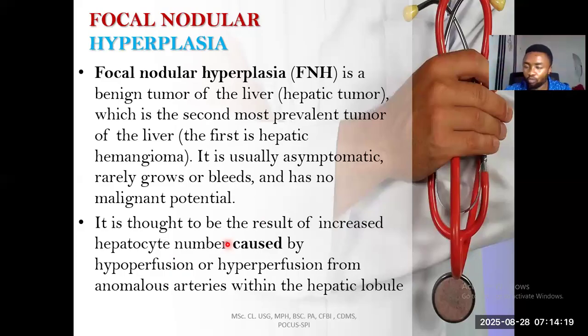Hypo, low blood supply to the structure. Once blood is reduced, oxygen level reduces, because blood carries the oxygen. So hypoperfusion means inadequate supply of blood to the organ. That will cause you to develop focal nodular hyperplasia.